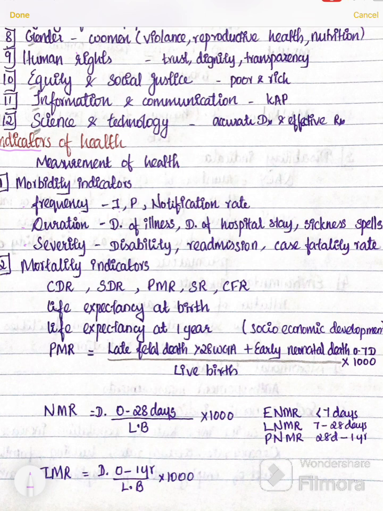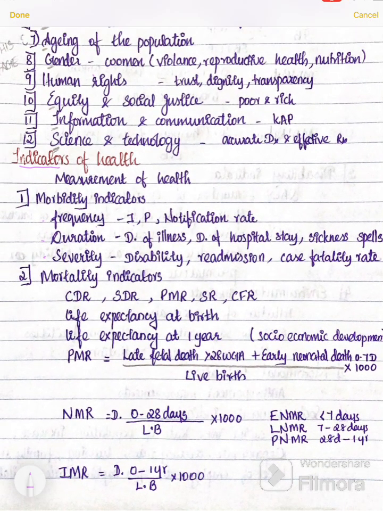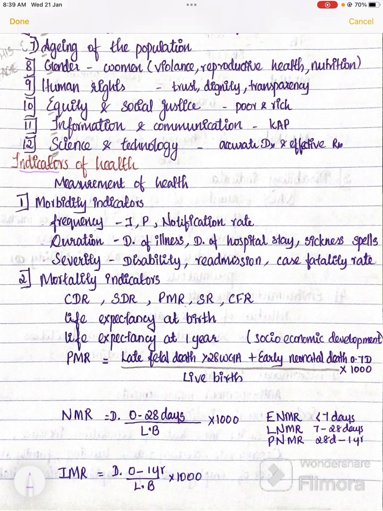And for severity, we have disability rate, readmission rate, case fatality rate. And mortality indicators: we have crude death rate, specific death rate, proportional mortality rate and survival rate, case fatality rate. We'll study this in detail in the following lectures.